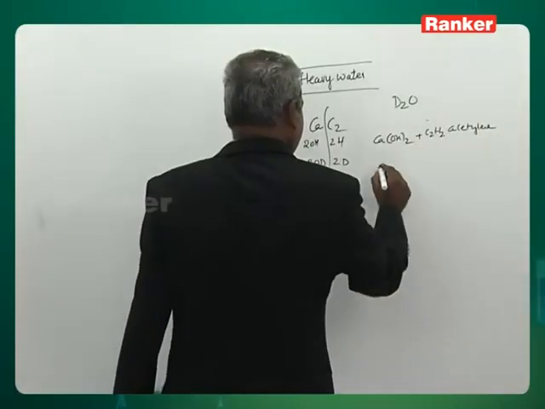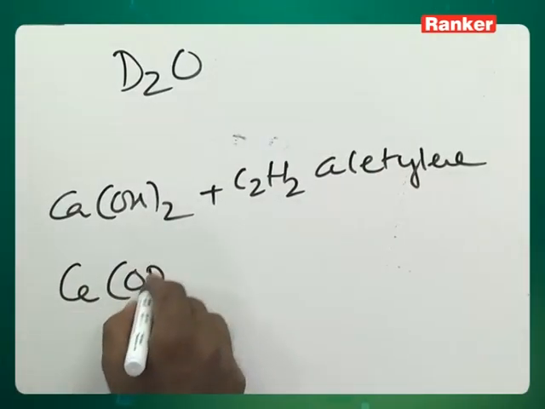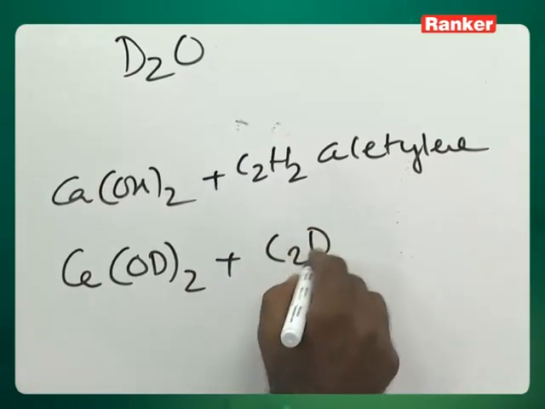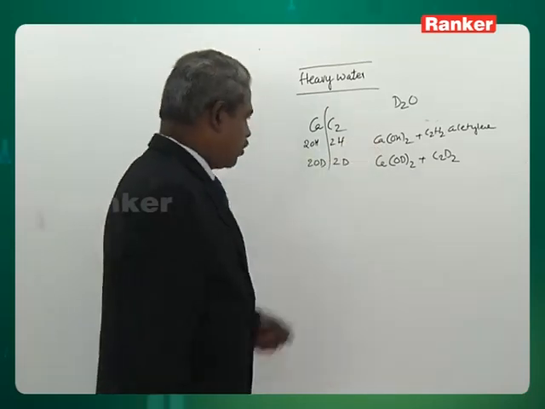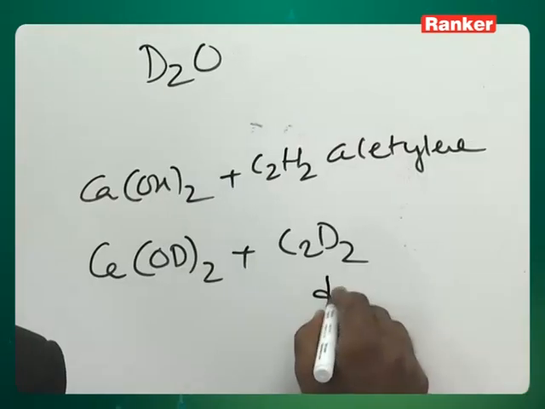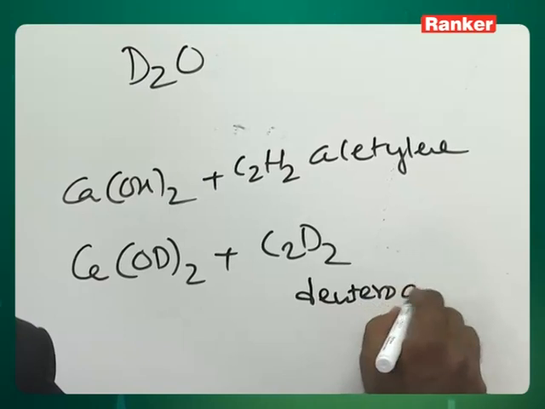Common name is acetylene. With D2O, Ca(OD)2 plus C2D2. This is hydrolysis, this is deuterolysis. You get deuteroacetylene.